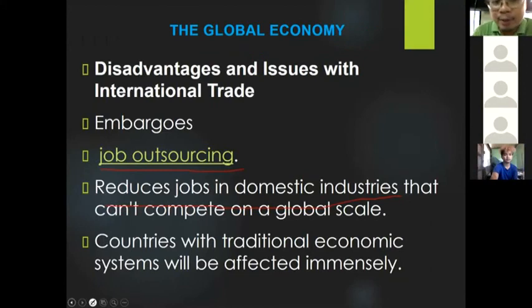Countries with traditional economic systems will be affected immensely. Yung mga country na sanay sa traditional industries like the regions in Africa, yung mga poor regions in the Philippines, may mga economic shock na nangyayari diyan kapag biglang may pumapasok na malaking kumpanya. Halimbawa, dito sa Pampanga na lang, may mga indigenous peoples ancestral domain. Yung mga lupain na pag-aari ng mga Ayta, for example.